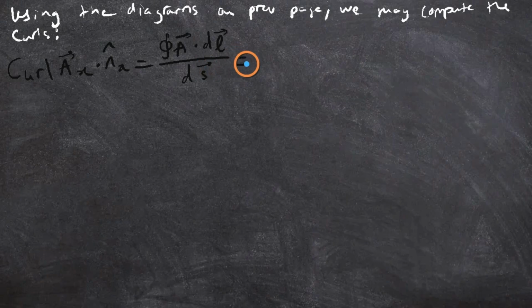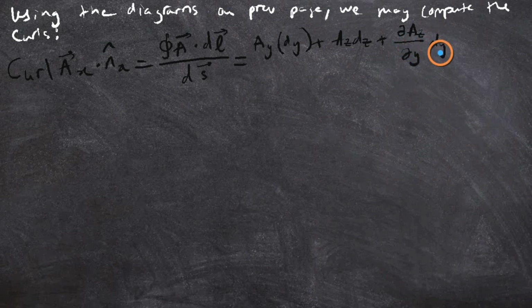So this then gives us the following result. We had for the first one ay multiplied by some dy, then we also added to this some az multiplied by some dz. Then we also added to this the partial derivative of az with respect to y multiplied by the full derivative of dy and dz.